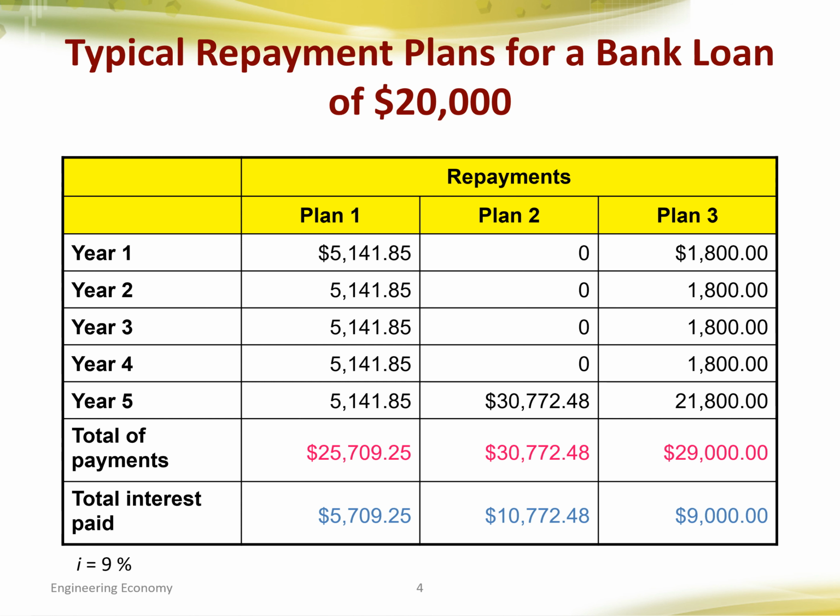So plan 3, you are paying not as much as plan 2, but you are paying more than plan 1 because you are paying back a lot less along the way. So that's another way to look at why their numbers are different and what that means.